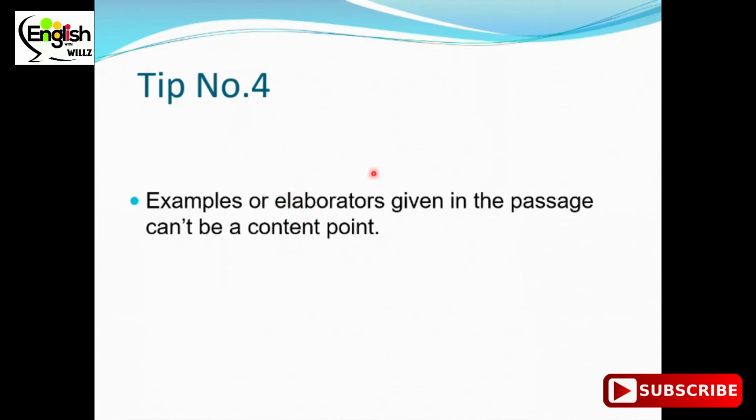And now if you're finding the advantages of internet in the past, and you find a line which has nothing to do with the internet, I mean some extra information about the internet or about the people who used to live in the past, that can be either examples or elaborators. They can never be the content points.